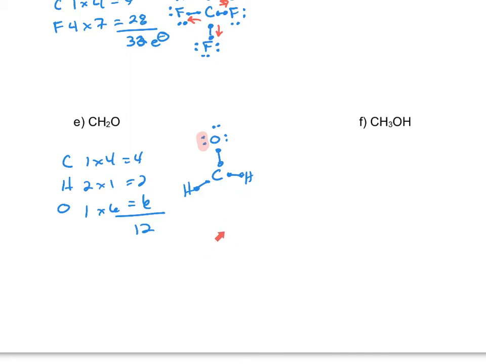And that would give us a total of 2, 4, 6, 8, 10, 12. We still have our 12 electrons, but if you look at our carbon atom here now, we've got 2, 4, 6, 8 electrons around it. And this would be our Lewis structure that's the more proper structure than the one shown here, because now every atom has an octet.